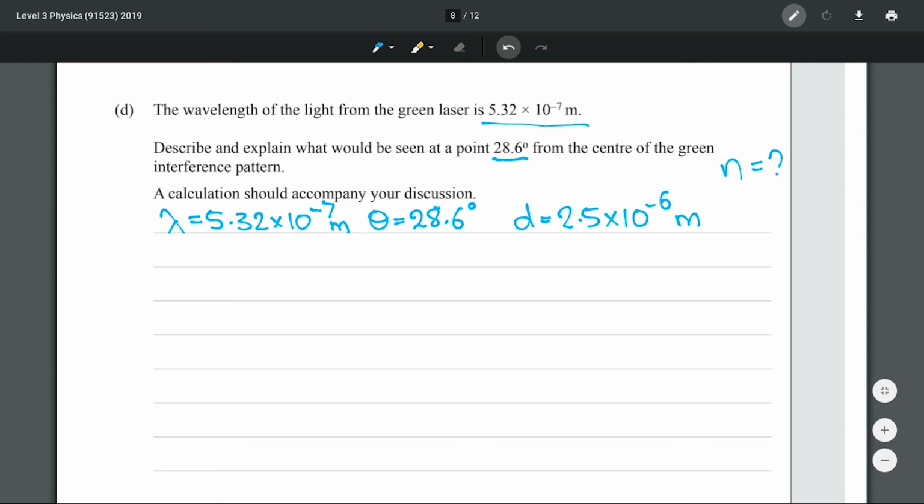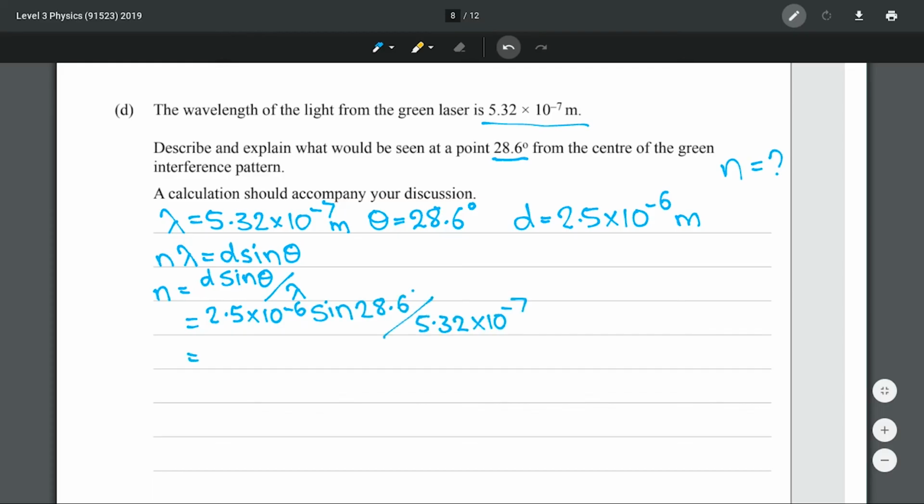So let's calculate that using our now familiar equation. Solving for n by dividing by wavelength, and now putting our numbers in, which gives me 2.249, which is basically 2.25.